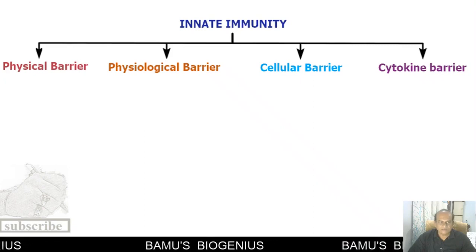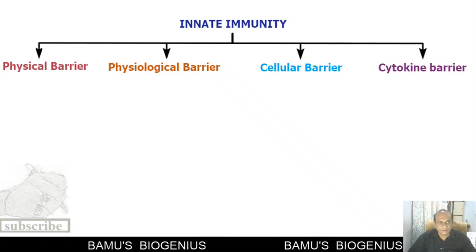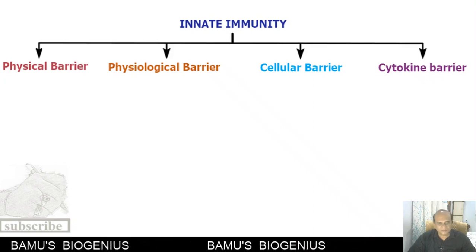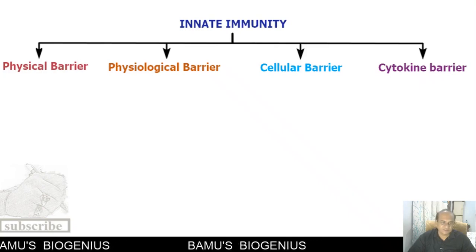These physical barriers are meant for physically keeping microbes away, and this separation is done with the help of two things present in our body: the skin and mucus. First, we will discuss the skin.